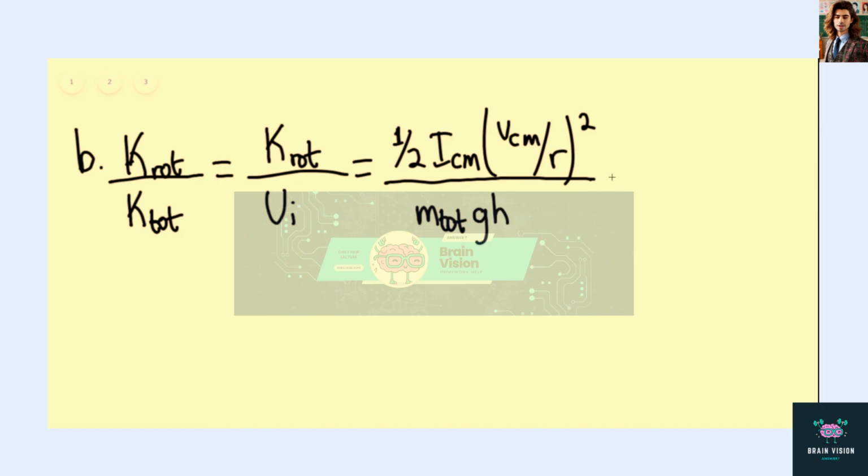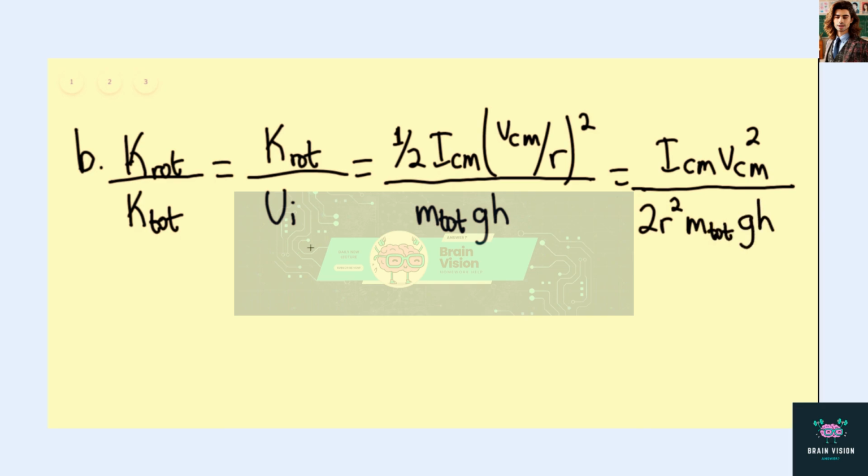And we can say that this is going to equal the moment of inertia through the center of mass multiplied by the velocity of the center of mass squared, divided by 2r squared times the total mass times g times h, and we can solve.